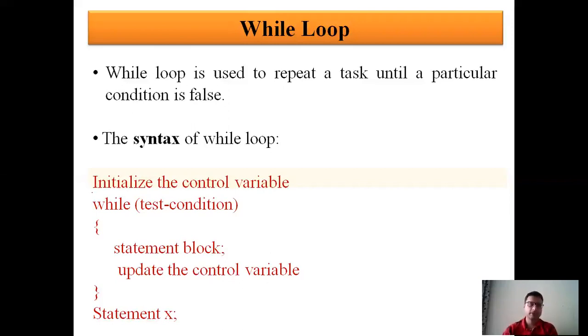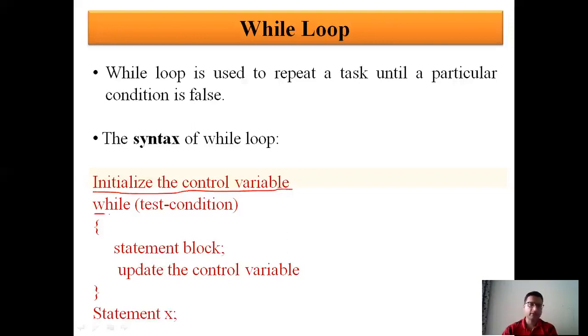So what we have done, if you remember, we were doing all the things like initialization, testing, and updation in the same statement in case of for loop. Now what is happening in while loop? All these different components are put at different places in different statements, right? So first of all, we do the initialization of the control variable, whatever it is.